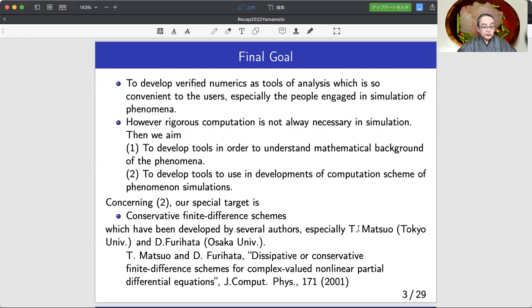Two, to develop tools to use in development of computation schemes of phenomenon simulations. Concerning two, our special target is conservative finite difference schemes, which have been developed by several authors, especially Professor Matsuo in Tokyo University, and Professor Furihata in Osaka University.